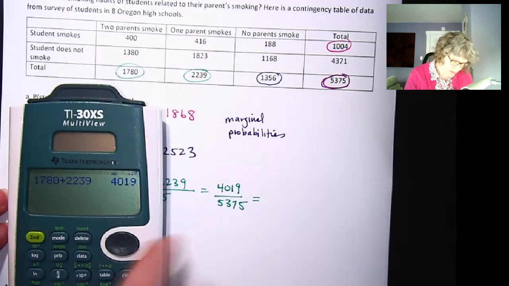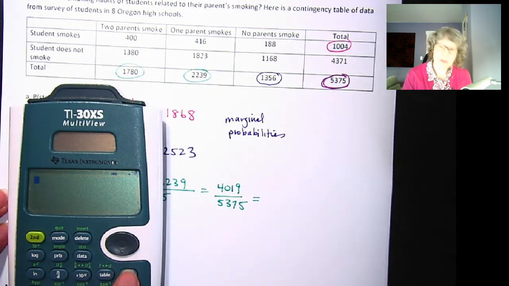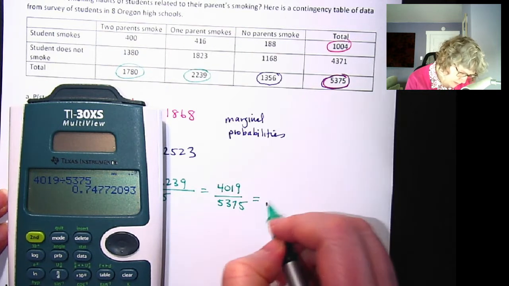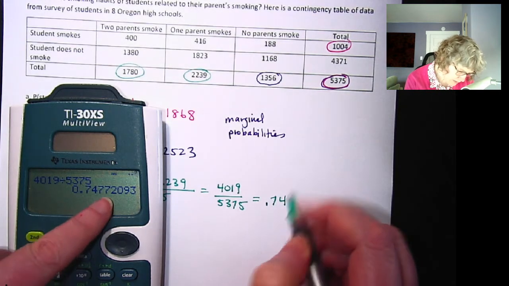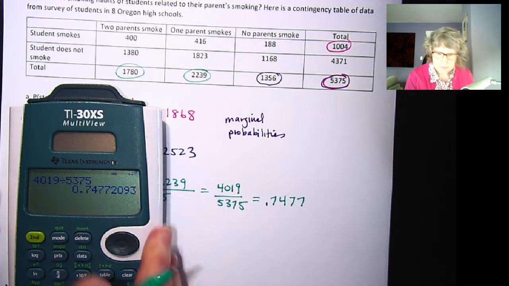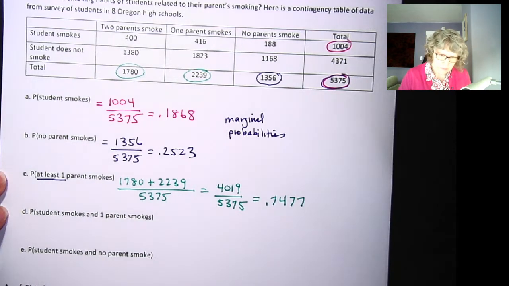This is sort of a marginal, but more like a calculation of marginal probabilities. It doesn't really have a name. That is 0.7477.